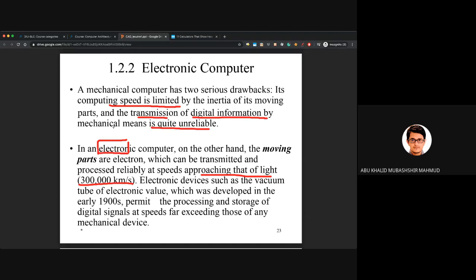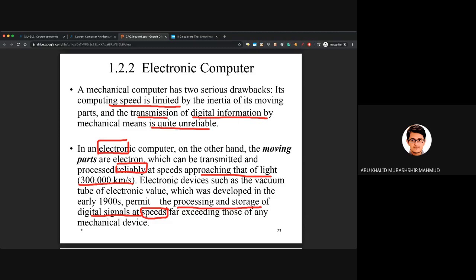This is true for every electronic computer. Because we learned to harness the power of electrons, we gained two important things: transmission reliability and speed. Processing and storage of digital signals at speed, and the other thing was reliability.